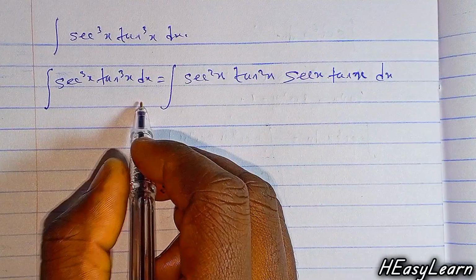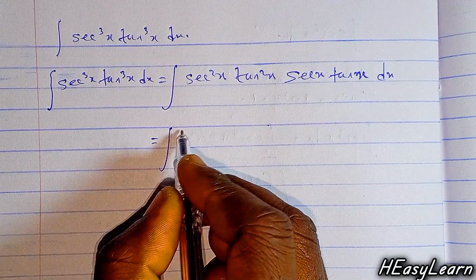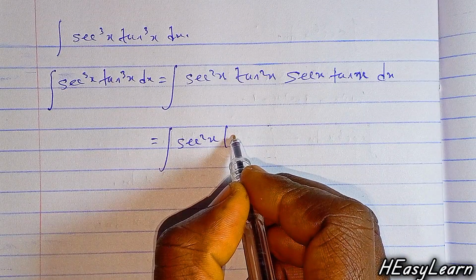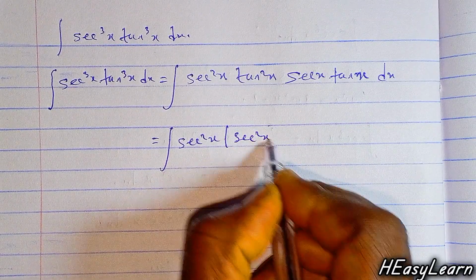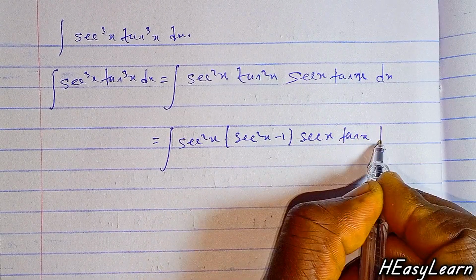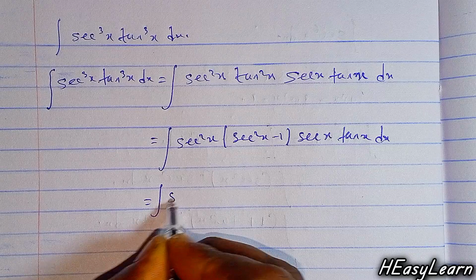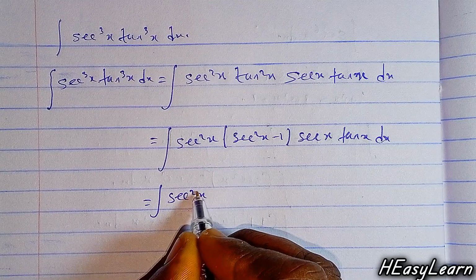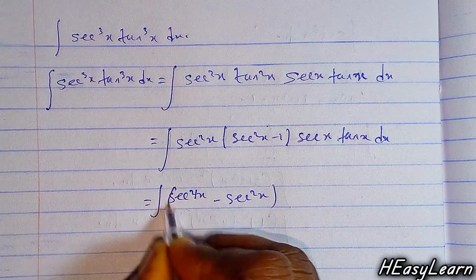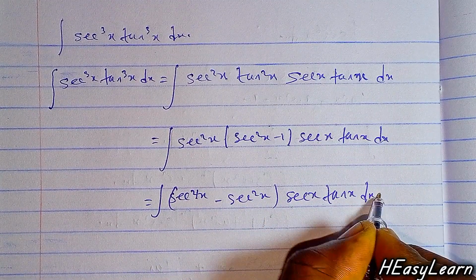So this is the first step. Tan square x is the same thing as sec square x minus 1, times sec x tan x dx. Use sec square x to open the bracket. This is sec 4x minus sec square x, then sec x tan x dx.